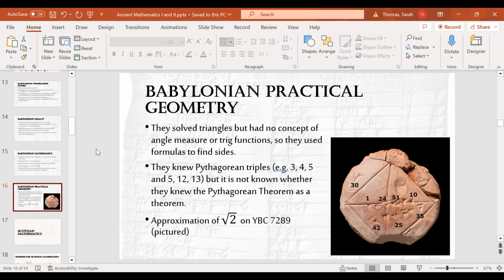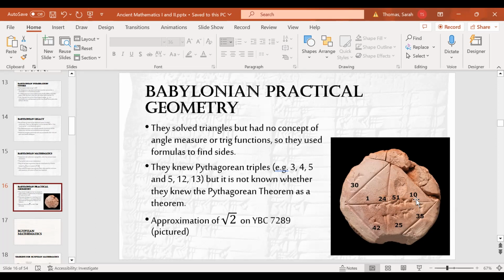So this right here says 1, 24, 51, 10. So that's 1 plus 24 60ths plus 51 over 60 squared plus 10 over 60 cubed. But I wouldn't think they could just measure this thing on this tablet and get that.